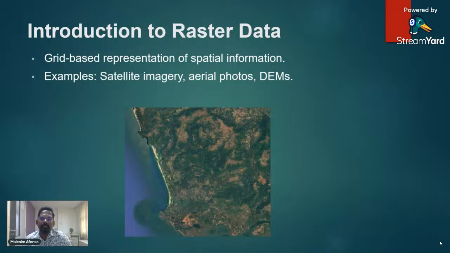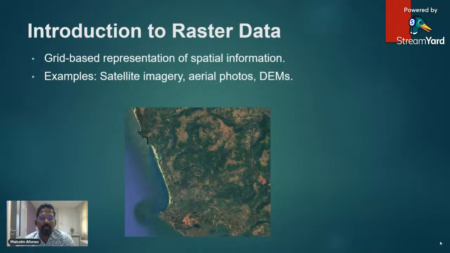It is basically a data form where pixels are used to represent data. Here pixels have values, and those values give it a certain color. For example, the image you're seeing on my screen is a true color image. It's a multi-band raster which is displayed as a true color image.